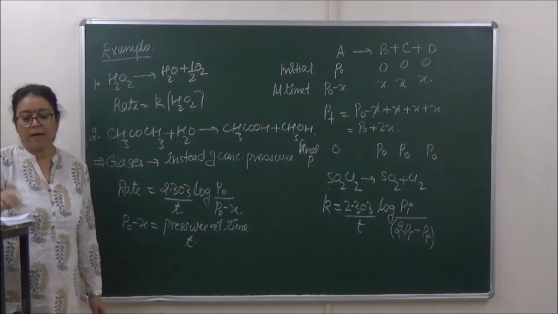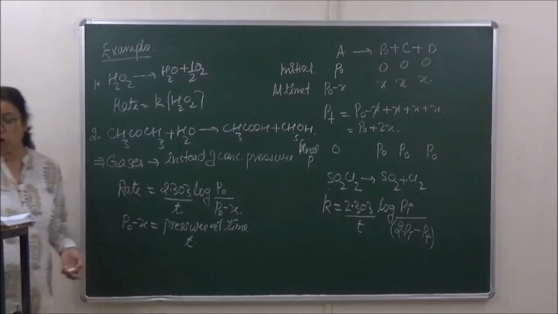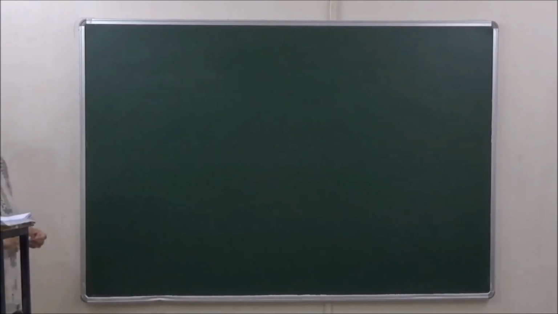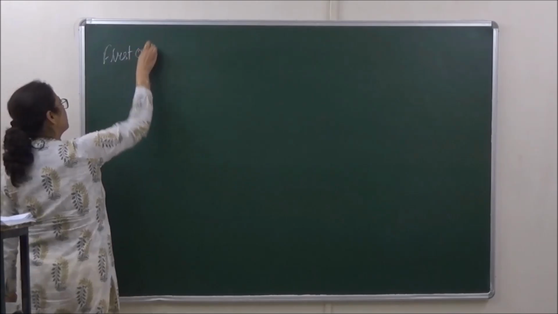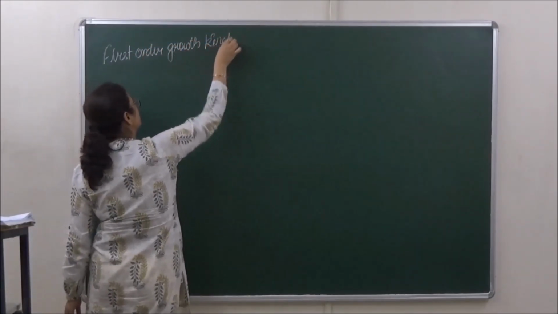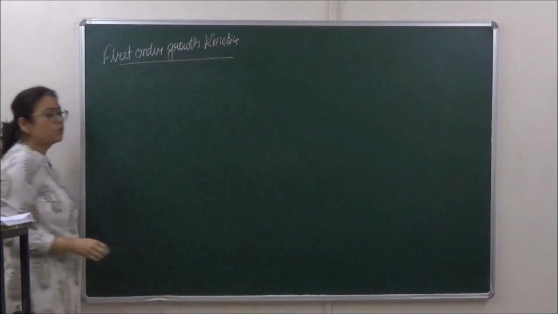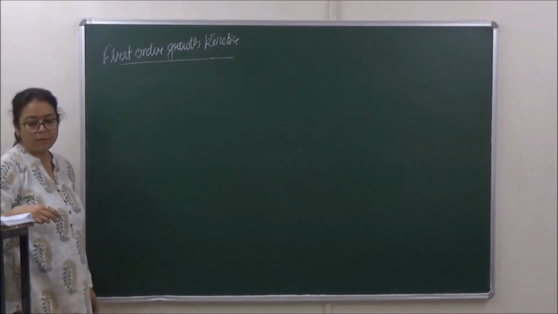Okay. फिर उसके बाद, what do we understand by another term which is first order growth kinetics? What is first order growth kinetics? This method is generally used for population growth and bacteria multiplication. ठीक है? Population growth and bacteria multiplication.